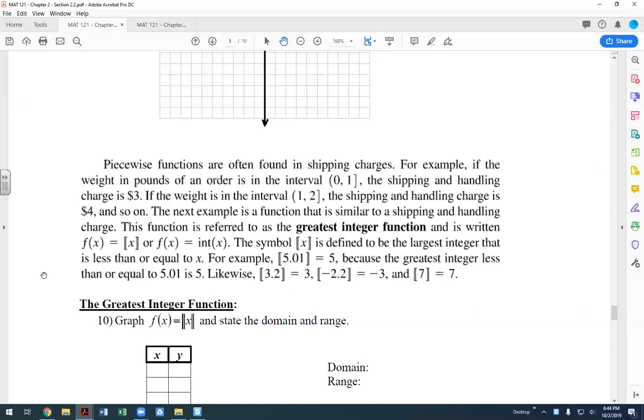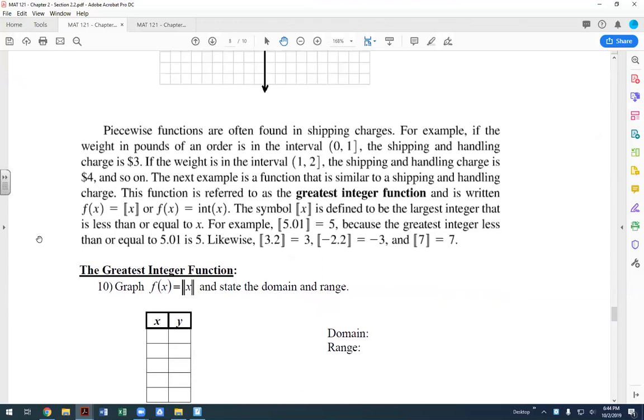So in that same sense, we can actually think about our greatest integer function. This is actually also a piecewise function. And in this case, you will notice we are using this symbol, which I don't know if you can see on your paper or not, but it should be 2 little brackets that we are using to define that x. So it's not a single bracket like we use here. It should be like 2 overlapping brackets.